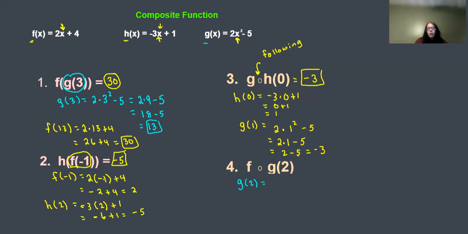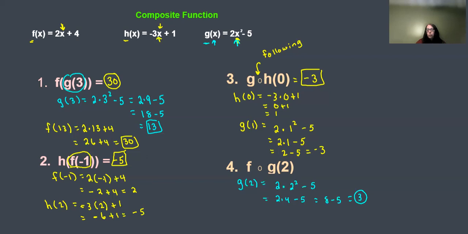Where is it up here? Here we are. And replace x with 2. So I've got 2 times x squared, which is 2 squared, minus 5. 2 squared is 4. 2 times 4 minus 5, which is 8 minus 5, which is 3.